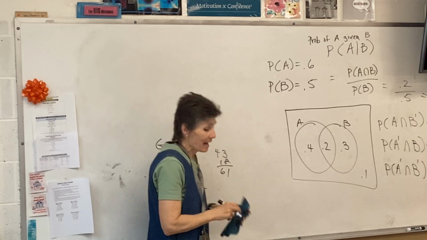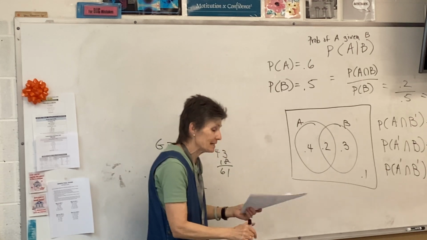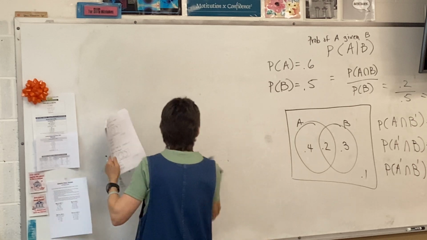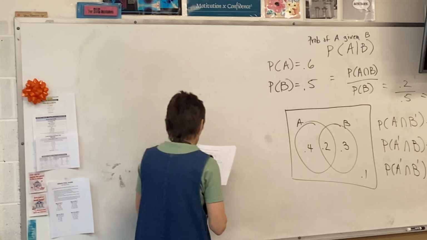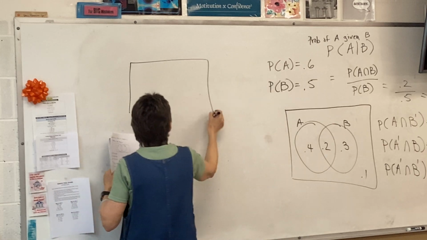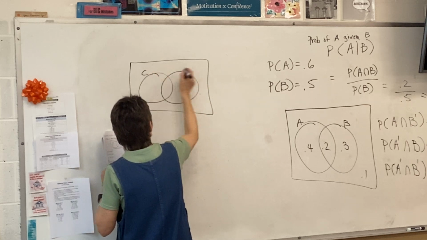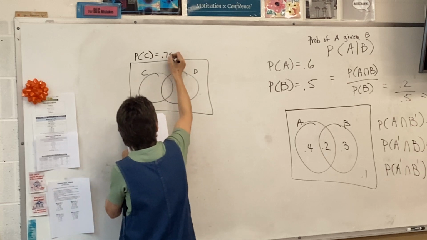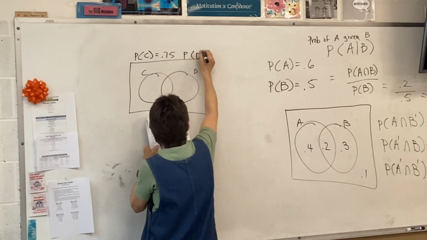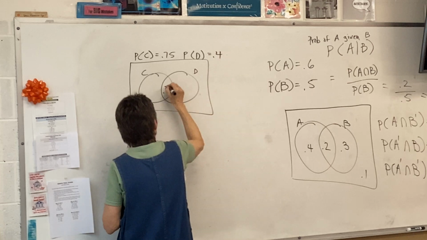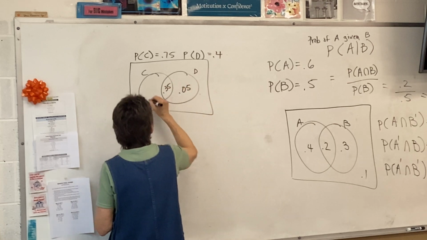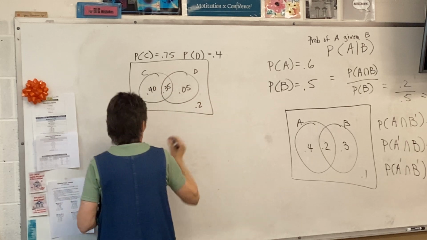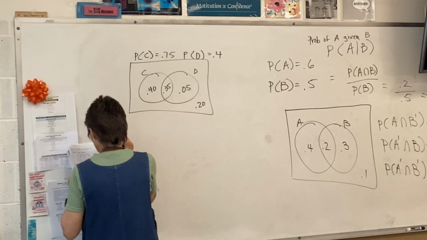All right, now, you and your partner try number 9. It is exactly the same question, different numbers. Point four. Wait, is it?